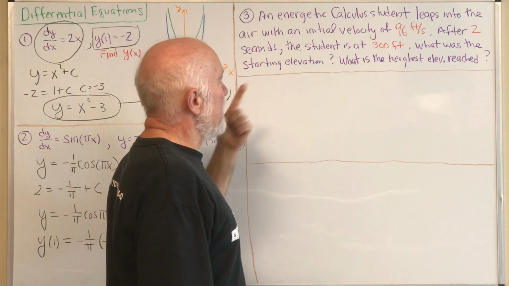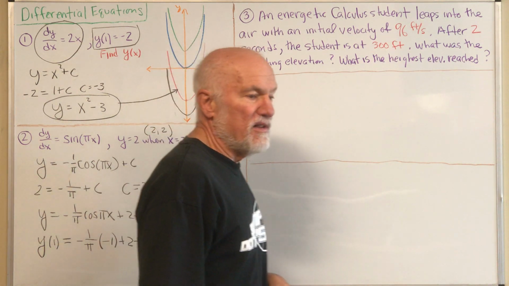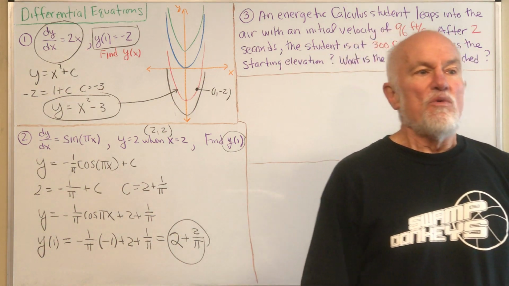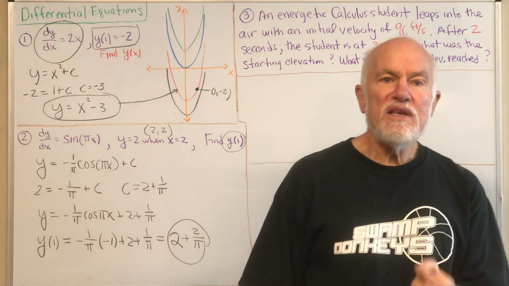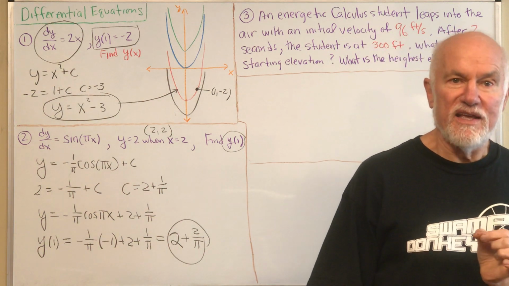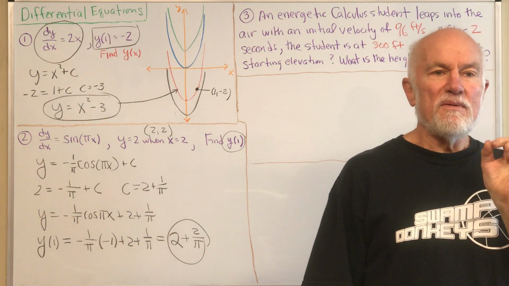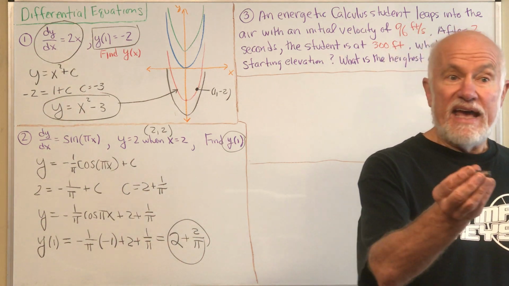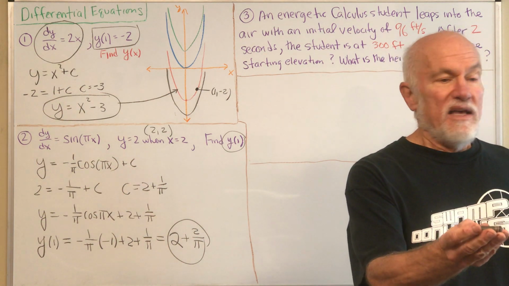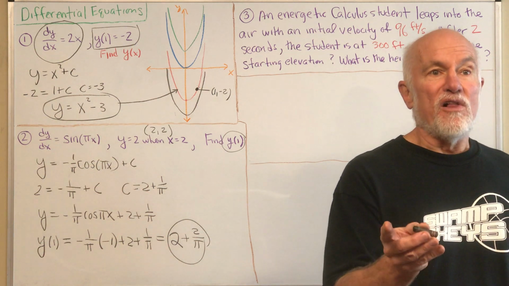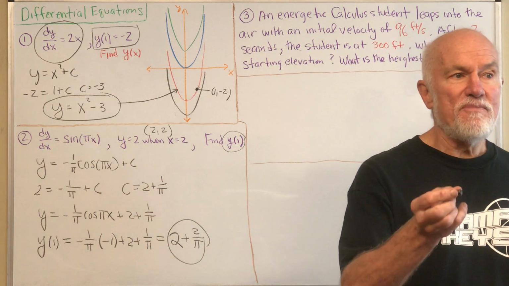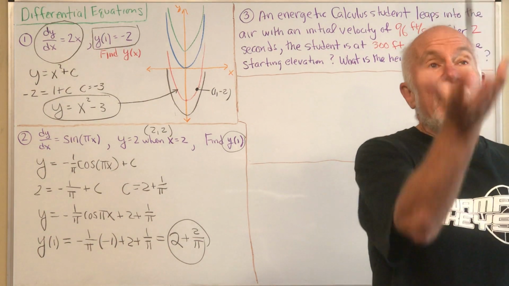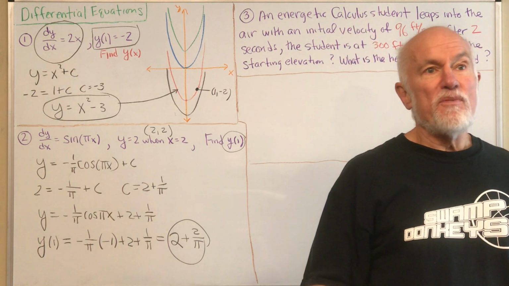And I want to know a couple of things about this student. Let's not even look what they are right now. What we would like to do is find something about this motion of this student. So I'm going to put this on pause for just a minute and talk to you about, in general, what happens anytime you throw something in the air or something drops from the air.